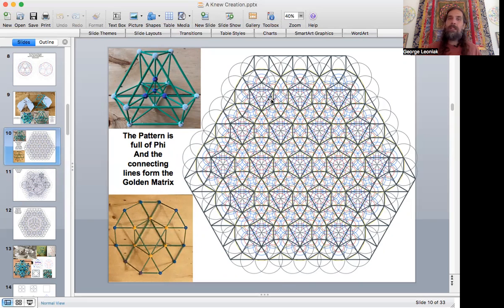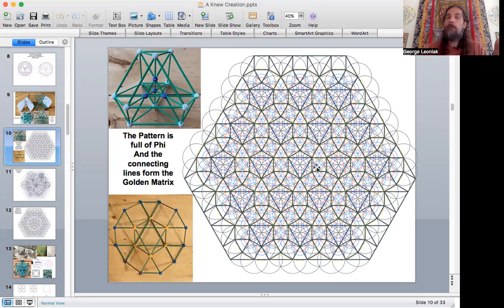So these things that look like squares are actually golden rectangles, starting from a high triangle, sloping down to a low triangle that's on the ground, sloping back up to a high triangle. This is an octahedron in the middle that's sloping down, sloping up, sloping down. And every single point, every single line that you see on this grid is a golden cube octahedron. This pattern is full of the golden cube octahedron and octahedron connection just by connecting the dots between what look like squares with triangles and little obtuse triangles down here.